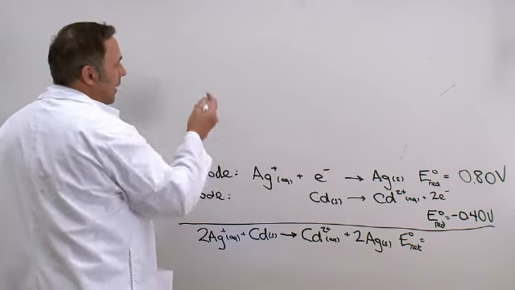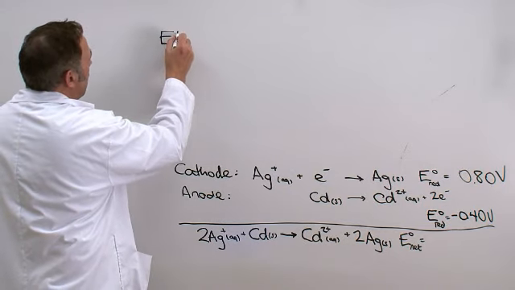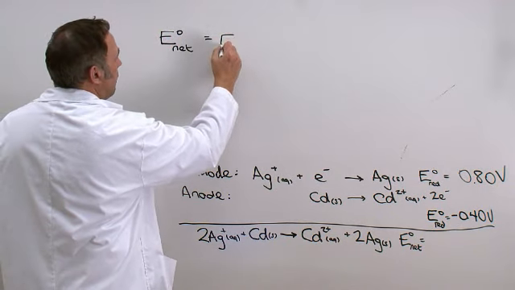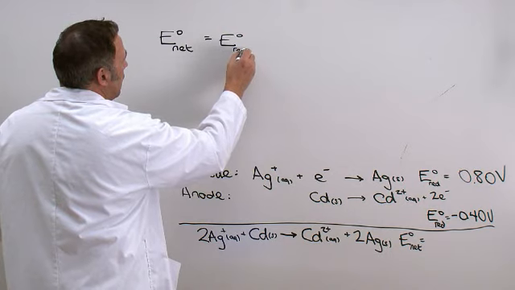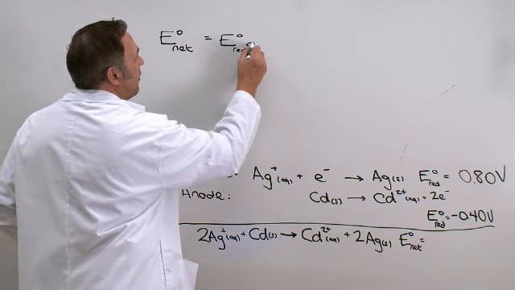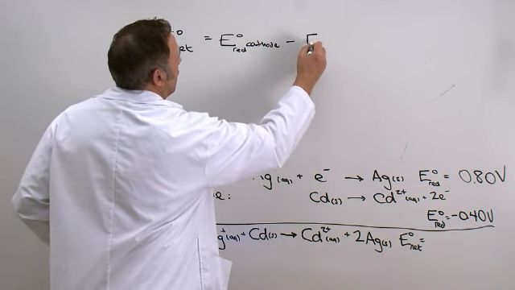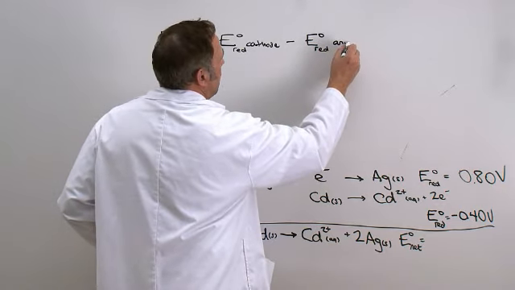All right, to calculate the E net, it's going to be the reduction cell potential from the cathode minus the reduction cell potential of the anode.